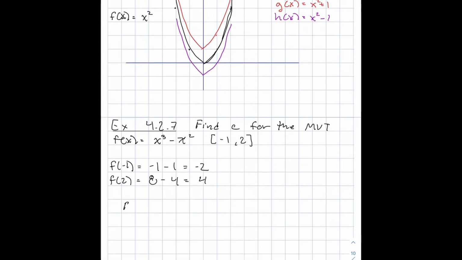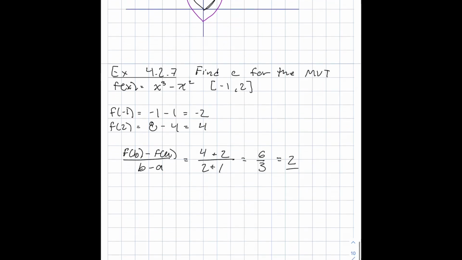So I have that f of b minus f of a over b minus a equals 4 minus -2, so that's 4 plus 2, over 2 minus -1, so that's 2 plus 1. So that's 6 over 3, and we get 2.